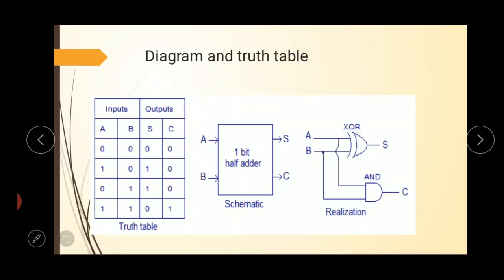When the input combination is 0 1, the sum bit is also 1 and the carry bit is 0. And the last combination, input 1 1, gives sum bit 0 and carry bit 1.